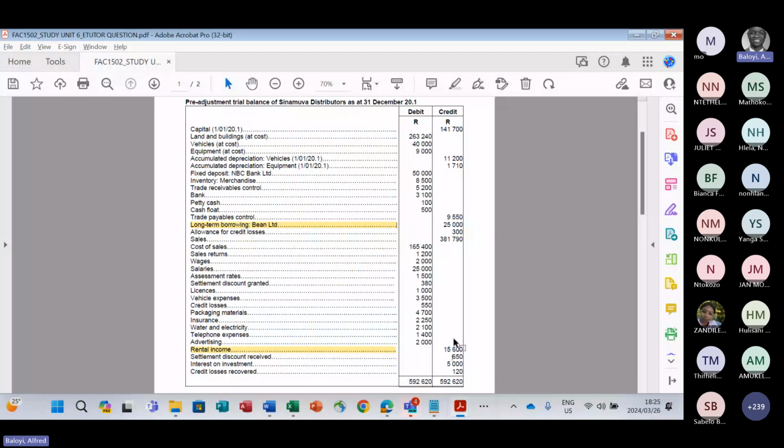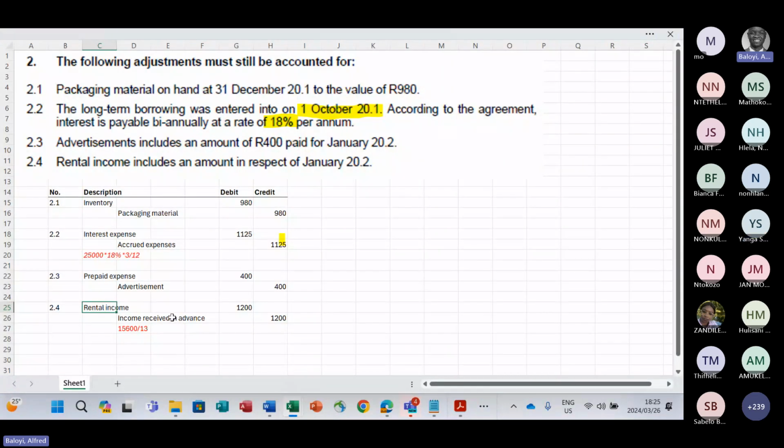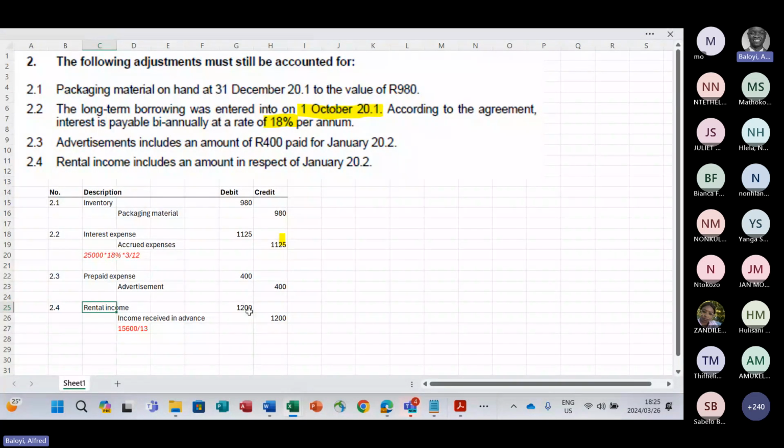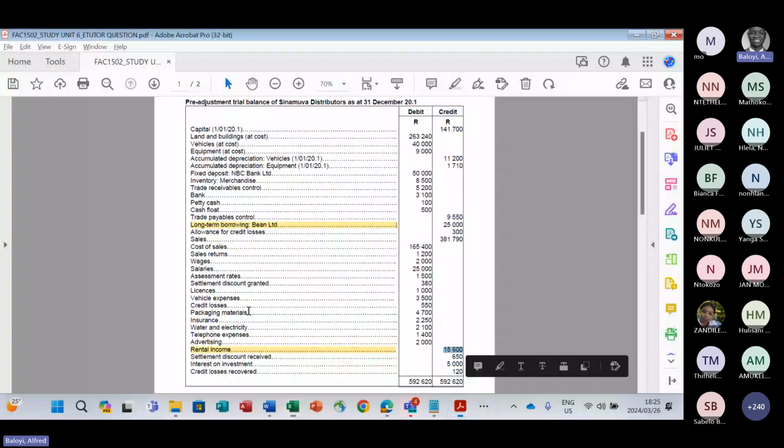However, this includes an amount for January 20.2, so we're trying to remove that, and then we divide it by 13 to determine the monthly rental income. The reason we're crediting rental income, it's a credit, here we're debiting it because we're trying to remove the extra month that is included in here.